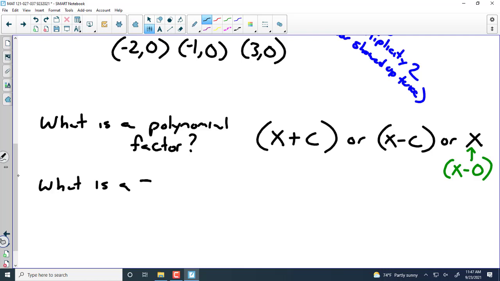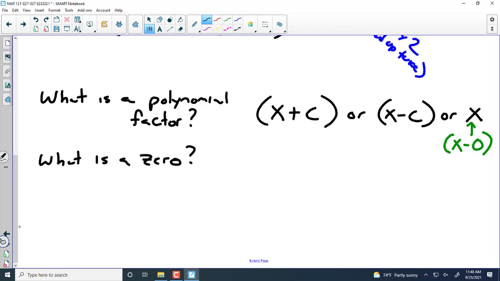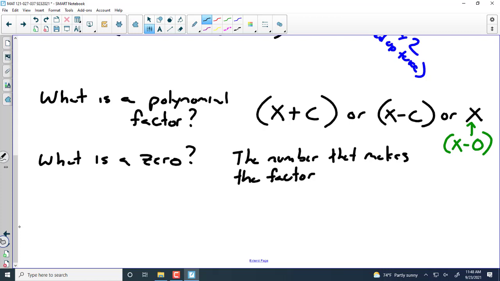What is a 0? Well, there's a couple ways I can answer that, but the way I want to answer right now is it is the number that makes the factor 0, and then the whole function.